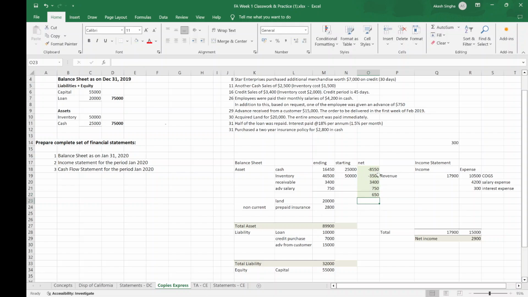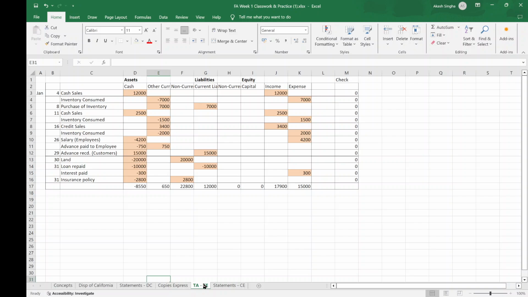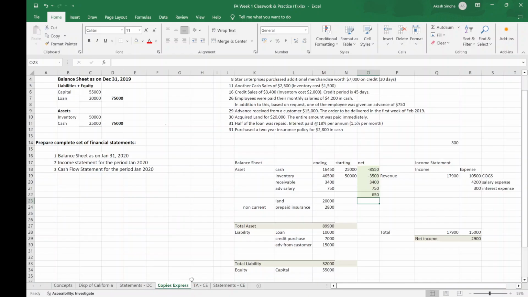Cash is also a current asset, but here these are the other current assets, and cash is separate. Non-current is 20,000 plus 2800.